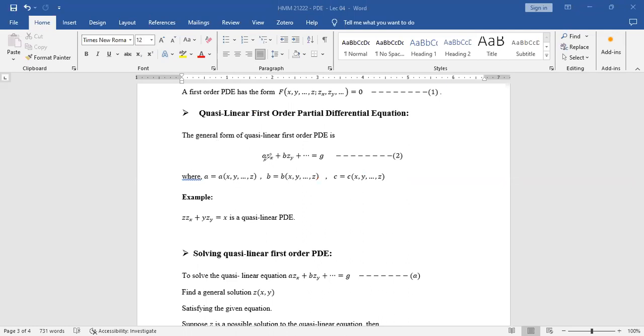Is that correct? Can you check whether it is correct in our definition? They say Z maybe ZP YQ it is equal to X. Is that obeying our definition of the quasi-linear? Can you answer me, please? So what is our quasi-linear?